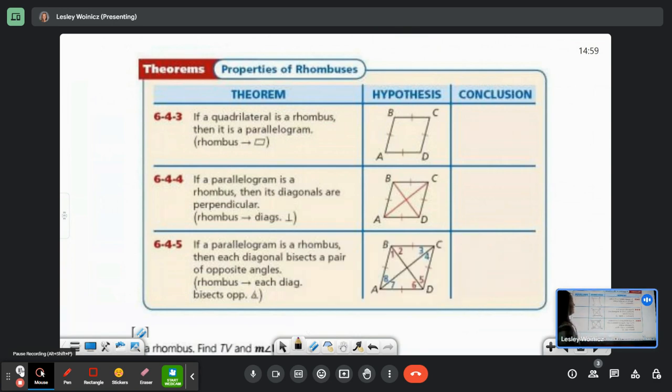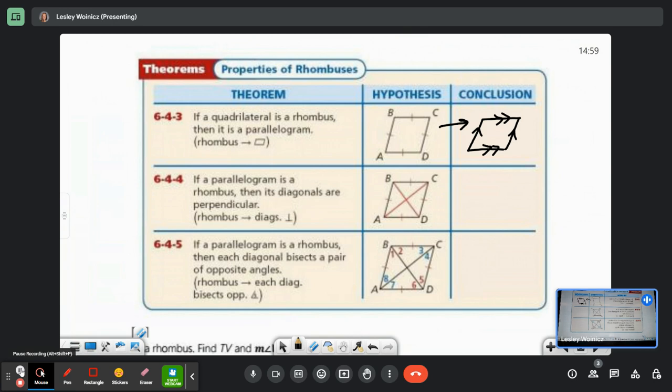So if we know the quadrilateral is a rhombus, then we know it's a parallelogram. Does this one go backwards and forwards? Are all parallelograms rhombi? No, so this one is just one way.